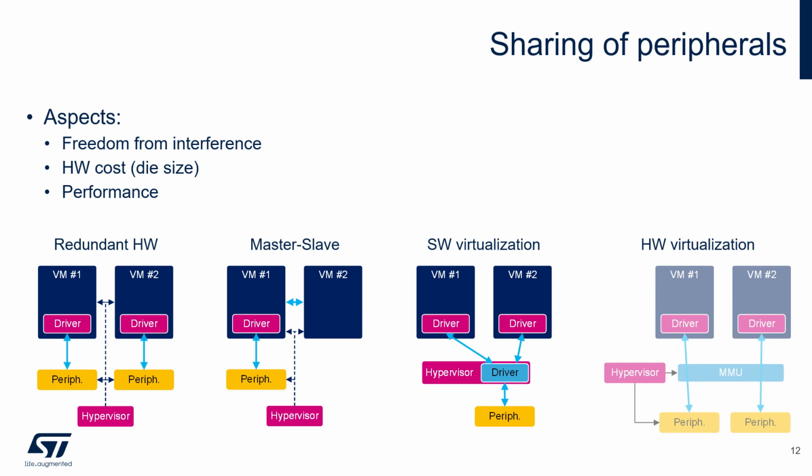As a third option, there is software virtualization, where the hypervisor is the master and the virtual machines request actions on the peripherals through hypervisor calls. Having said that, it may make a bit of confusion, but if I add the information that the hypervisor is in every single R52 core, it makes it local from the core point of view, and not a master which is only one instance in the overall system and is accessed from everywhere.